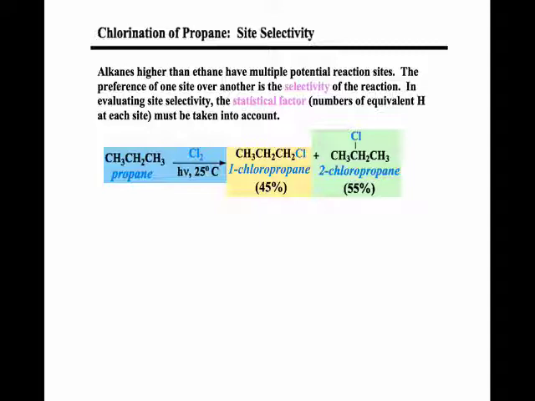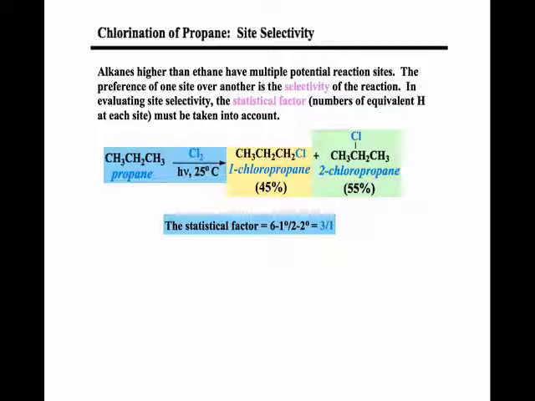Then I would ask her, tell me something about the reactivity of those two types of hydrogen. With this data, she can determine the relative reactivities of those two types of hydrogen. What she's going to need to know is the statistical factor. She knows that there are 6 primary hydrogens, from the 2 methyl groups, and 2 secondary hydrogens from the methylene.